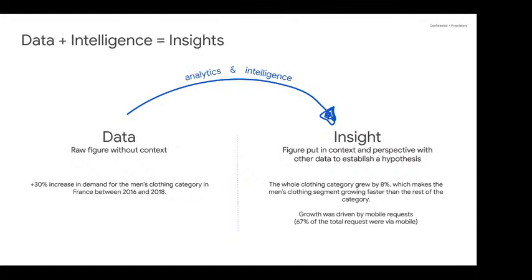And here I have an example. We can tell that there was an increase in demand for a particular category of products, in this case men's clothing, of 30% in France between the years 2016 and 2018. We have this data point, but we don't exactly know what's causing that and what that actually means. So that's what data means.